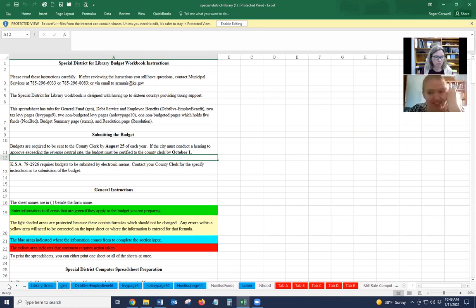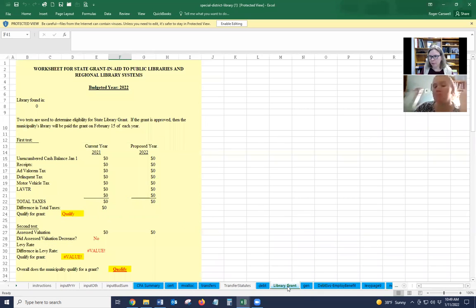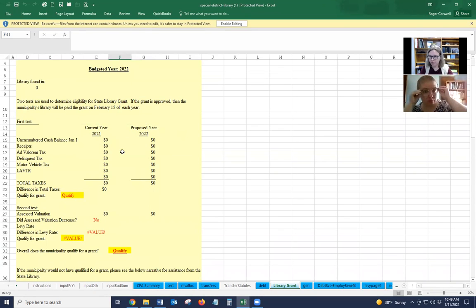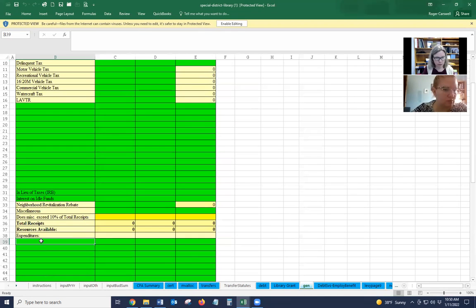But the thing is, everything in this workbook feeds into other things. It has all these really cool built-in formulas. And this tab right here, does that look familiar? There's our workbook, and it will automatically fill in all of those numbers and let you know if you qualify or don't qualify.